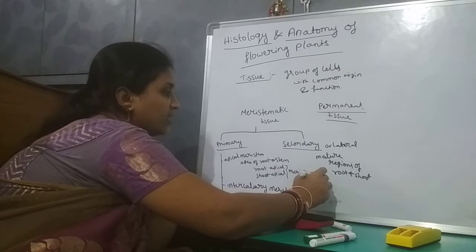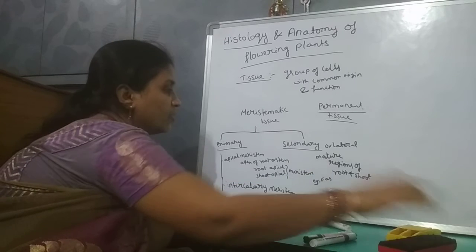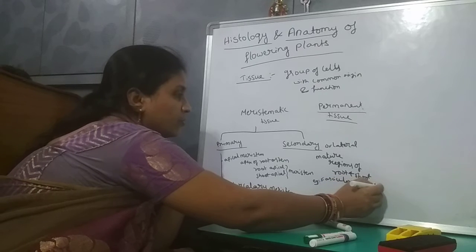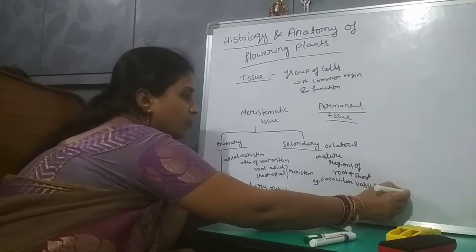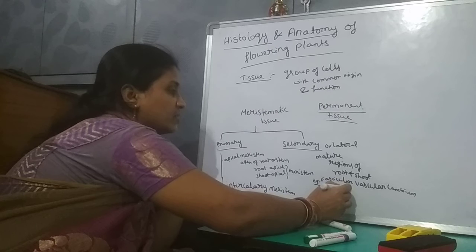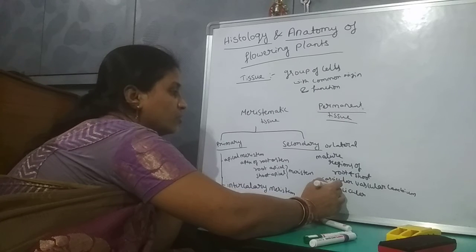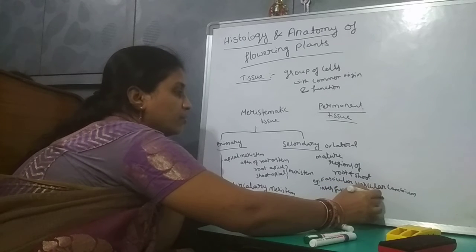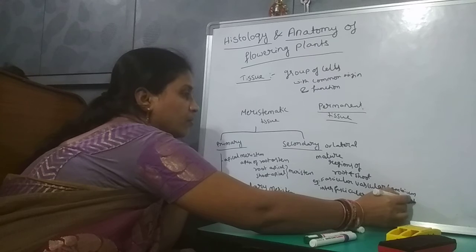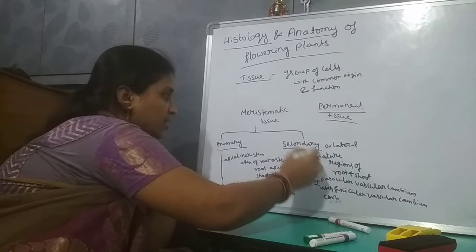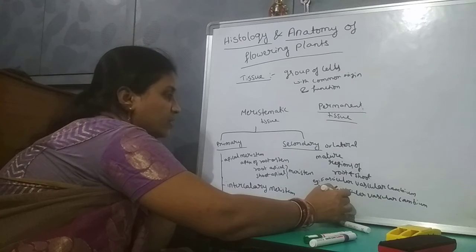Examples of secondary meristems are fascicular vascular cambium, interfascicular vascular cambium, then cork cambium.